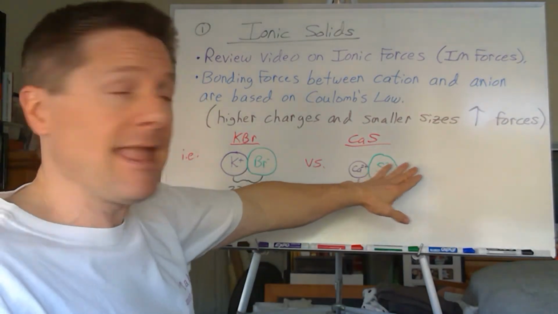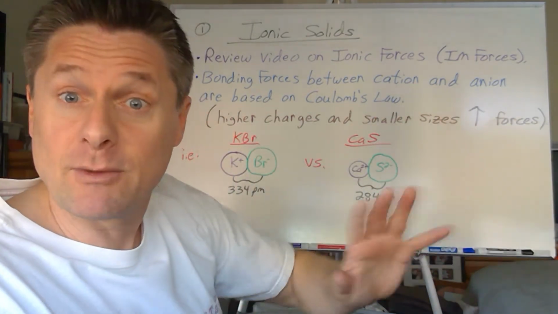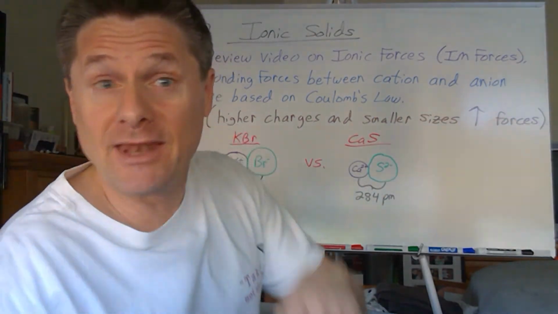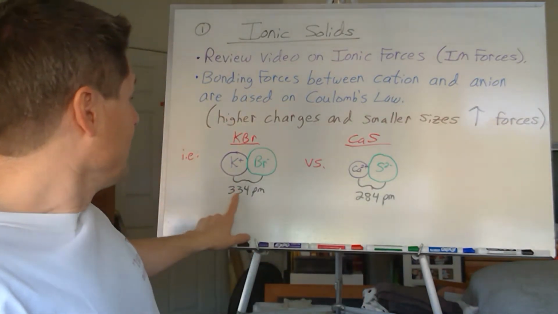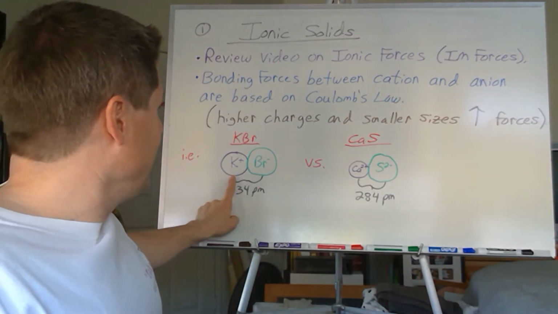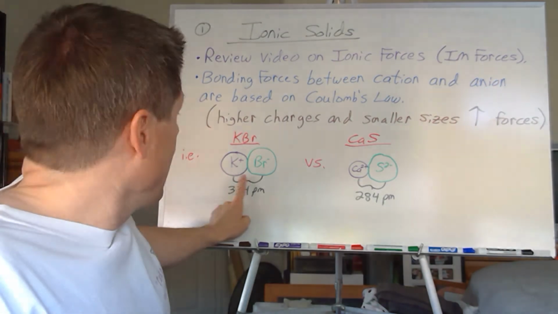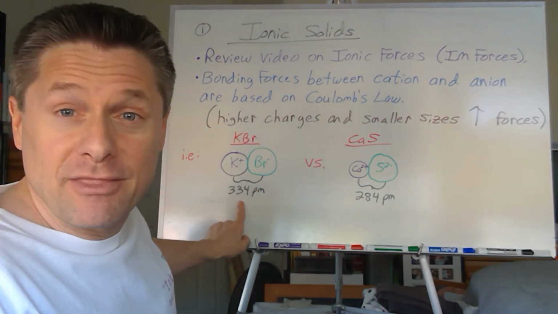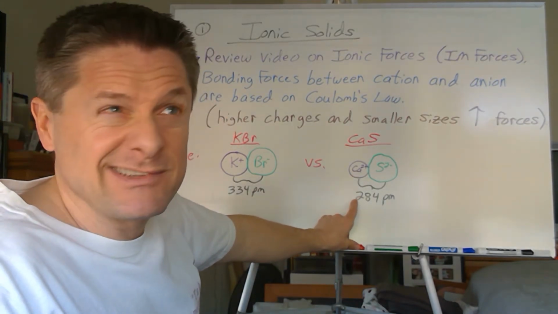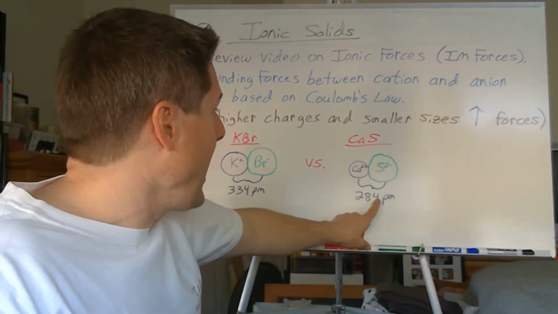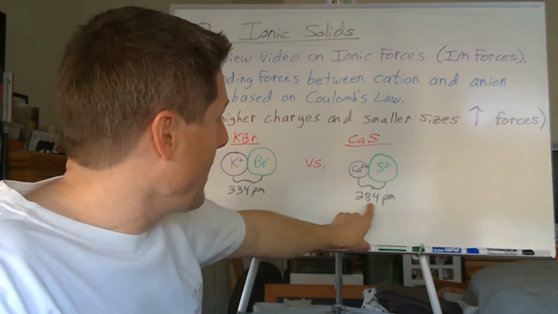But if they're all the same, right, +3, -3, +3, -3, whatever, then look at the sizes. And again, remember, as you go down the periodic table, they get bigger. So here, if you take the radius of a potassium ion and a bromide ion, add them together, you get 334 picometers. If you take the radius of a calcium ion, which I think is 100 picometers, and add the sulfide, which is probably 184, add them together, you get 284.